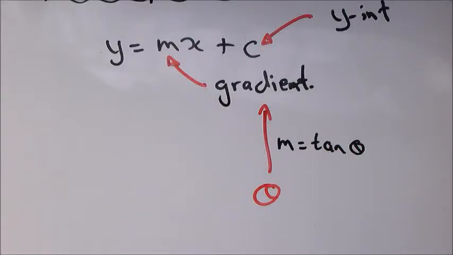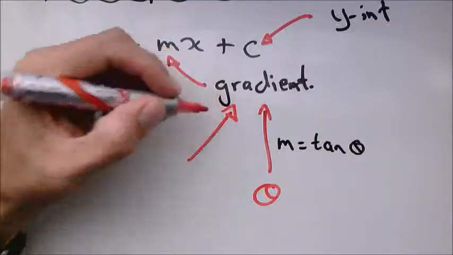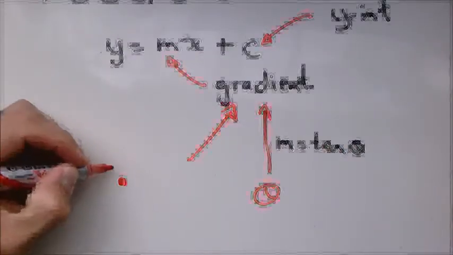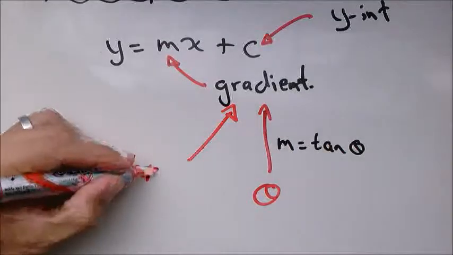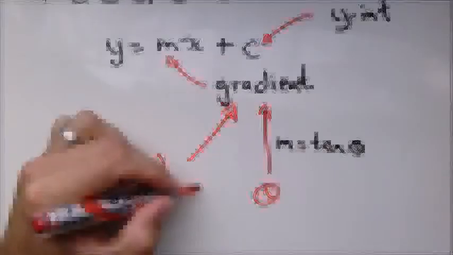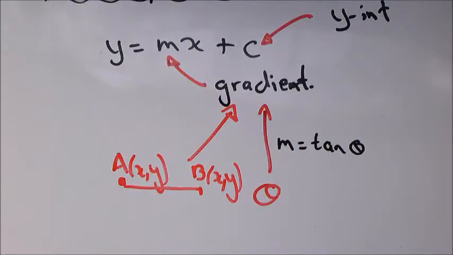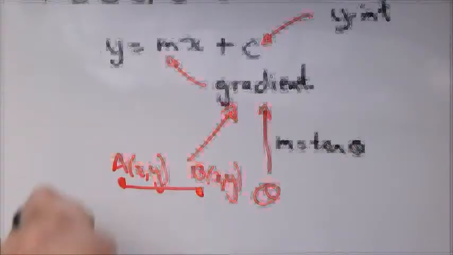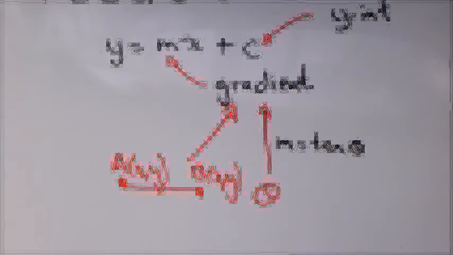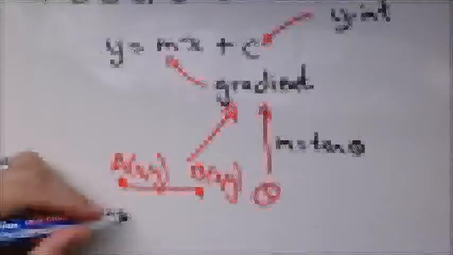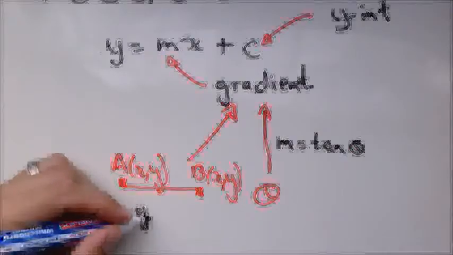The other way we can get to the gradient is if we have two coordinates, A and B, and you can calculate the gradient by using this formula.